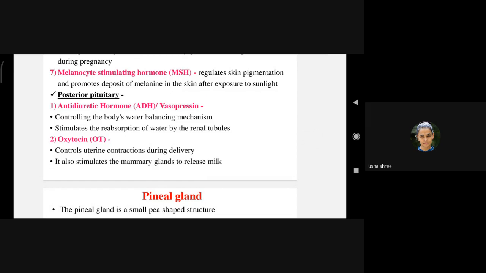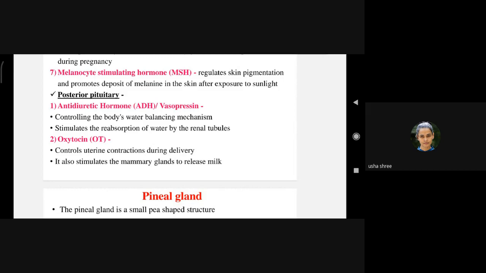So it also controls the uterine contraction during pregnancy, means when the child birth is taking place, when the delivery is taking place, then the uterus must contract, or it has to generate a pressure to push out the baby from the birth canal.